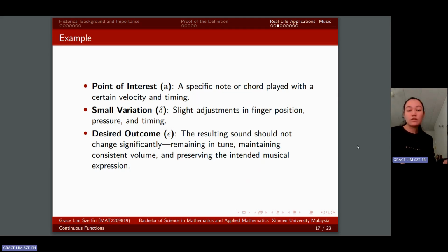So basically, if I take the small variation in my actions to be delta, and the desired change in the sound produced to be epsilon, a small change in the speed at which I press the key will not affect the sound produced much.